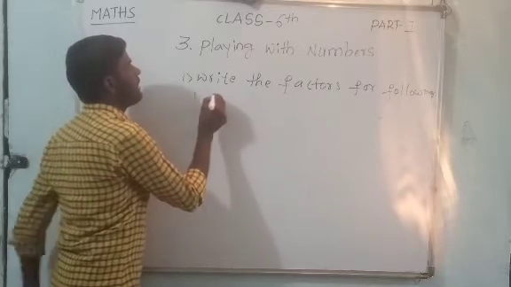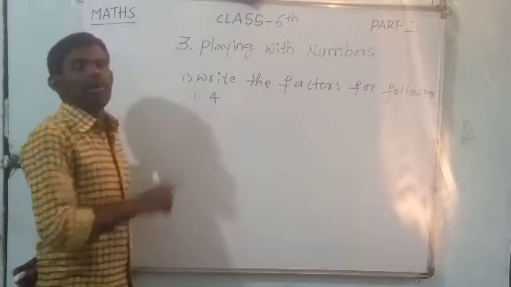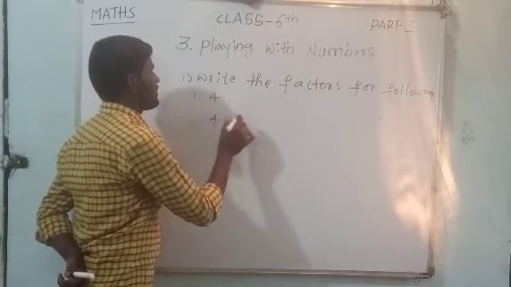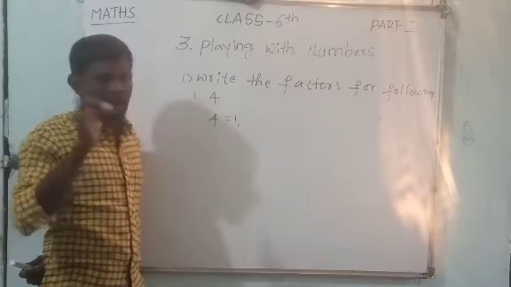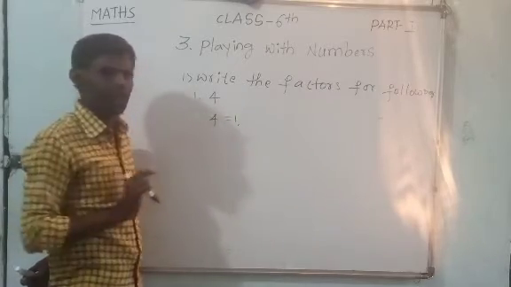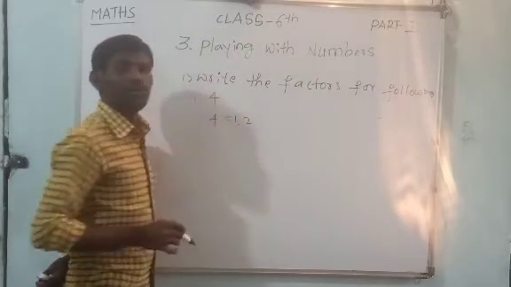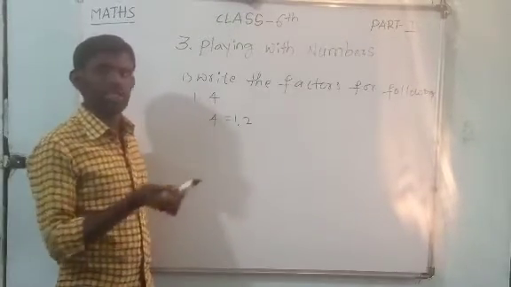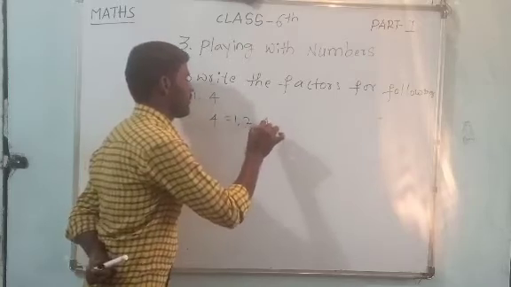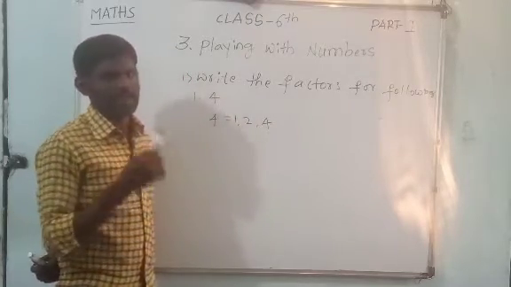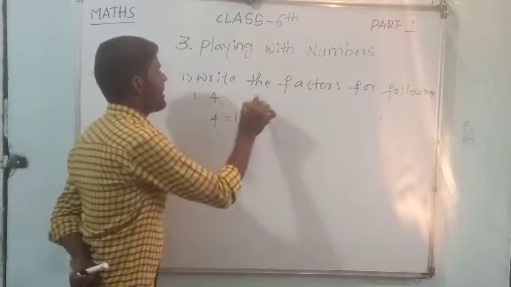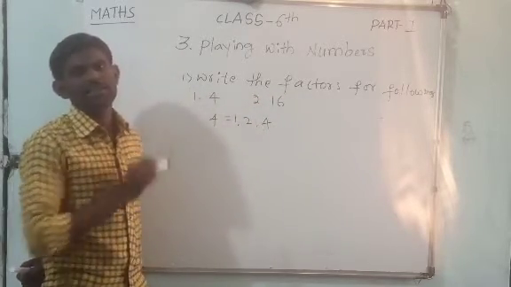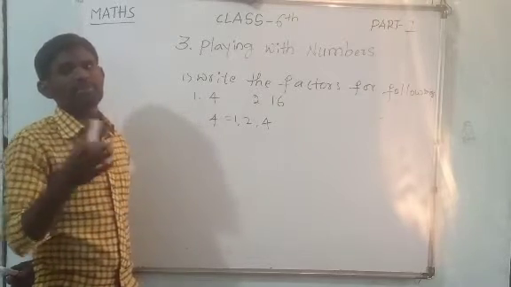Example 1, here 4: write the factors of 4. 1 is a factor of all numbers, that's why 1 is also a factor of 4. Then 2, because 2 can divide the given number 4, that's why 2 is a factor. Then 4: 4 ones are 4. Then example 2, suppose 16. Write the factors of 16.